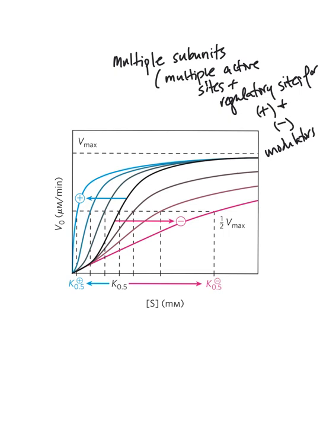So the original curve for the enzyme is the sigmoidal curve right here. And I mentioned specifically that neither of these positive nor negative modulators affect Vmax, so Vmax not affected.